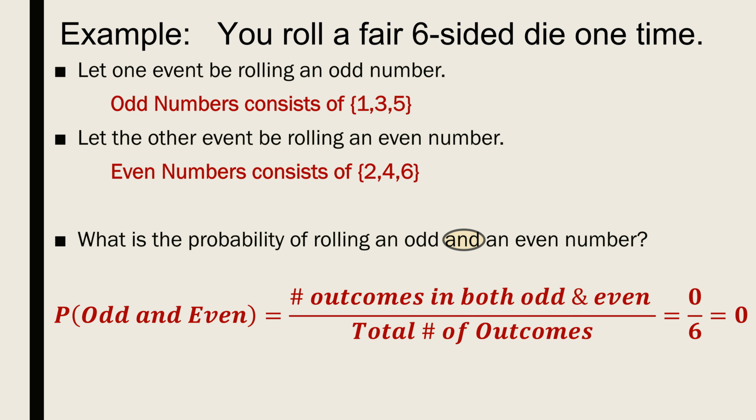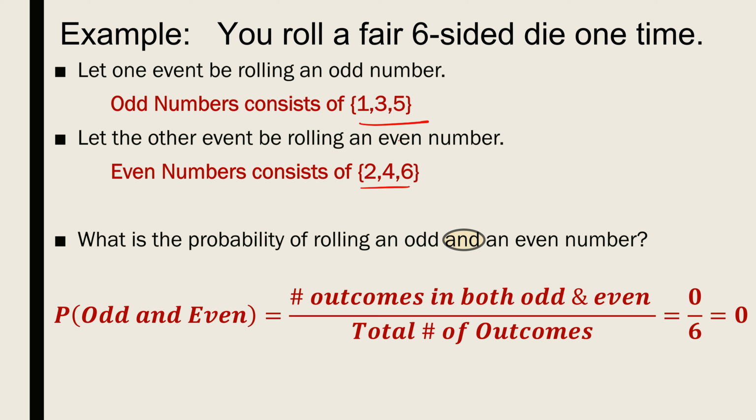Again, this is the example about rolling a fair 6-sided die one time. First, let one event be rolling an odd number. An odd number consists of 1, 3, 5. Then, let the other event be rolling an even number. Even numbers consist of 2, 4, 6. So what's the probability of rolling an odd and an even number?